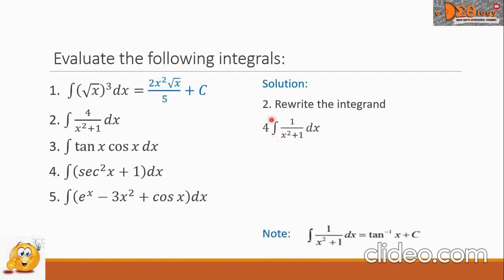We have a formula for this integral, and that is equal to the tangent inverse x plus c. So we can simplify this integral now into 4, that is the constant, times the tangent inverse of x. Then we will add plus c. This is now the final answer. Let us copy this opposite problem number 2.